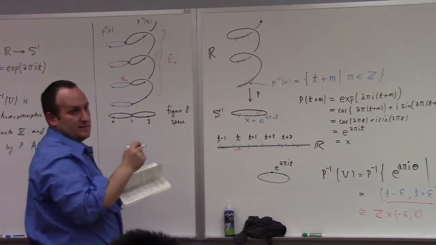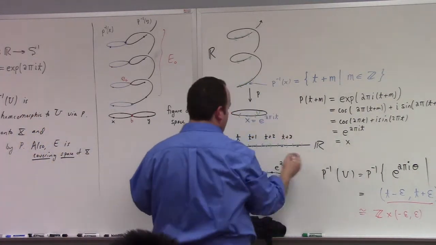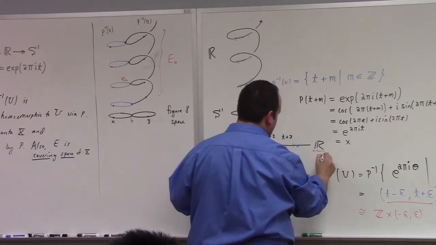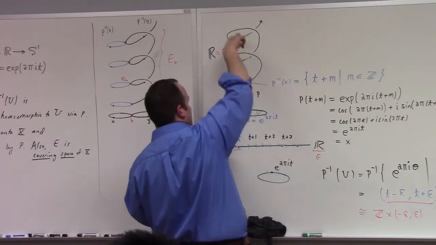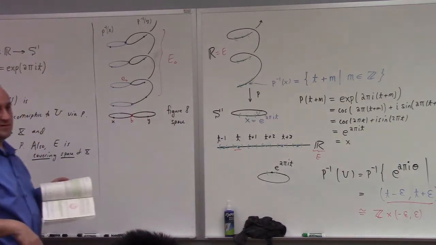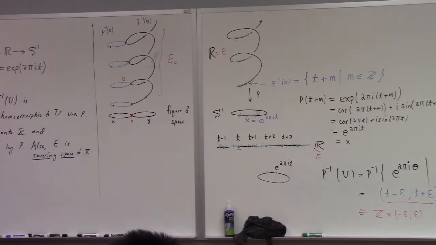R is E here. Or you could view this as the covering space, this helix. That's the covering space in that case. So this is the covering space of the figure 8 space.